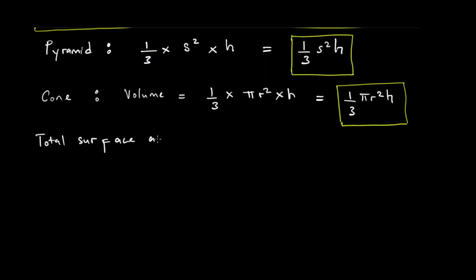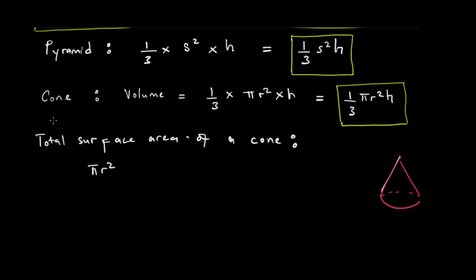So this total surface area is obviously going to be the area of the base, which is pi r squared, because our cone looks like this. This is what a cone is like. So this base is a circle, that's why it's pi r squared.